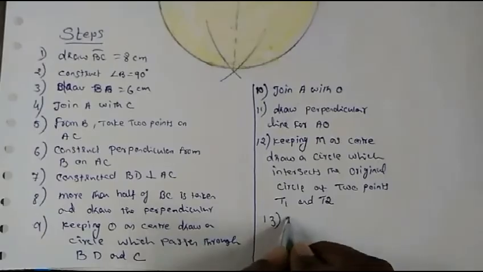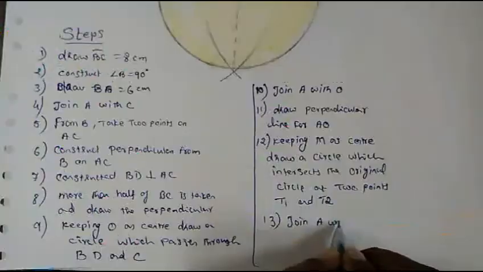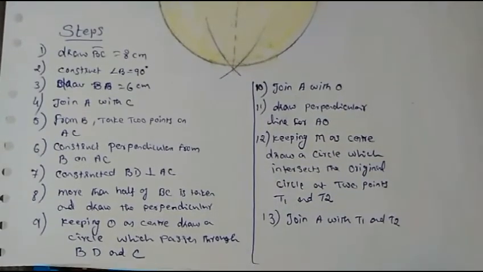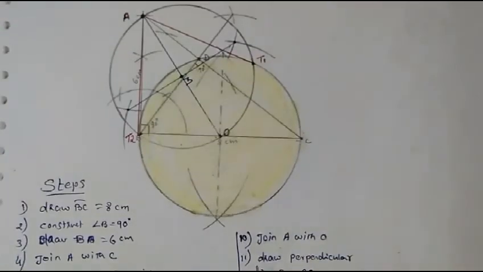Then join A with T1 and T2. So that's it. In your own words you can write the steps.